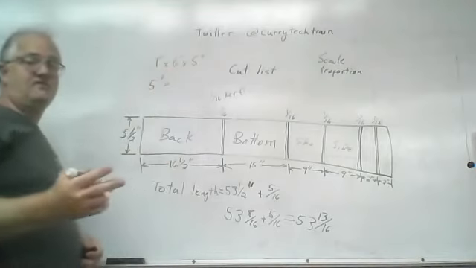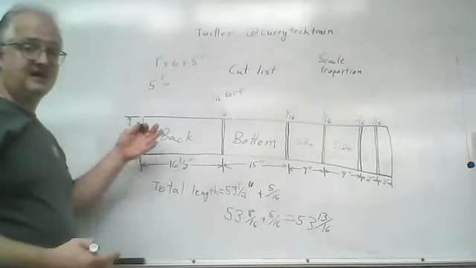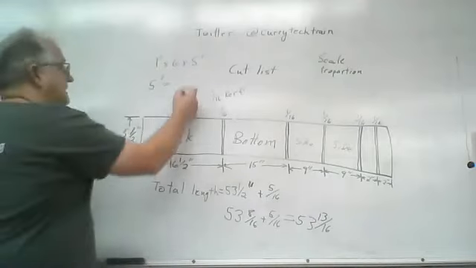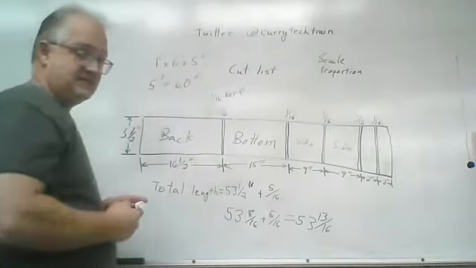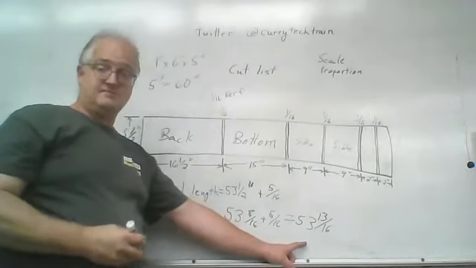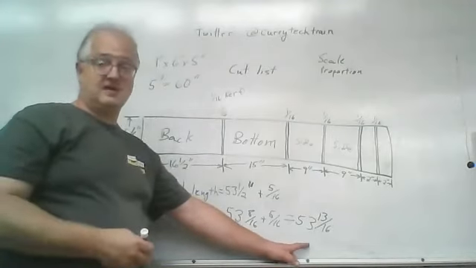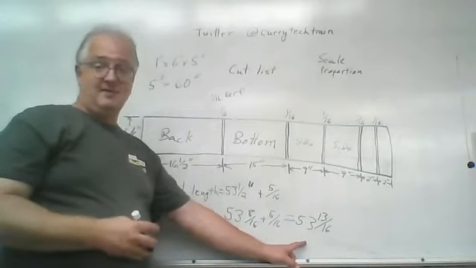Well, there's 12 inches in a foot. So if I've got 5 feet, 5 times 12 equals 60. So I have roughly 60 inches. So 60 inches definitely gives me plenty of material. It actually gives me a little bit extra in case I mess up on this particular project, so I'll have a little bit leftover.